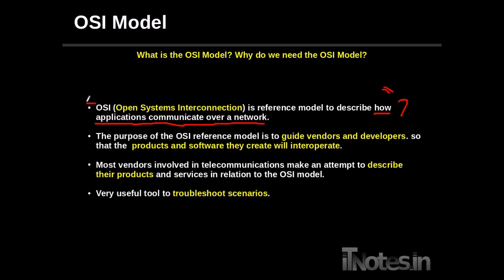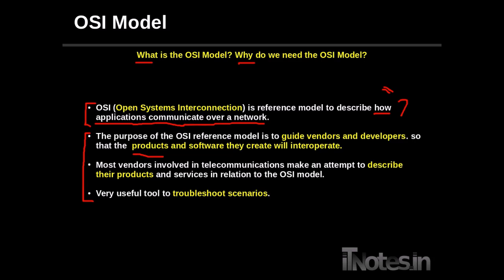So this definition answers what an OSI model is, but it doesn't answer why we need an OSI model. The answer lies in these 3 points. One of the main reasons why the OSI model is very important is because when a vendor or a developer creates a product or software, they should create it in such a way that it is compatible with other software.